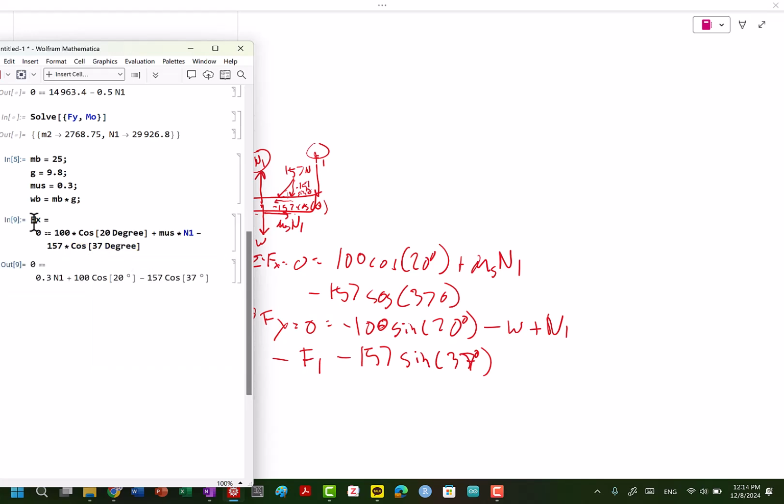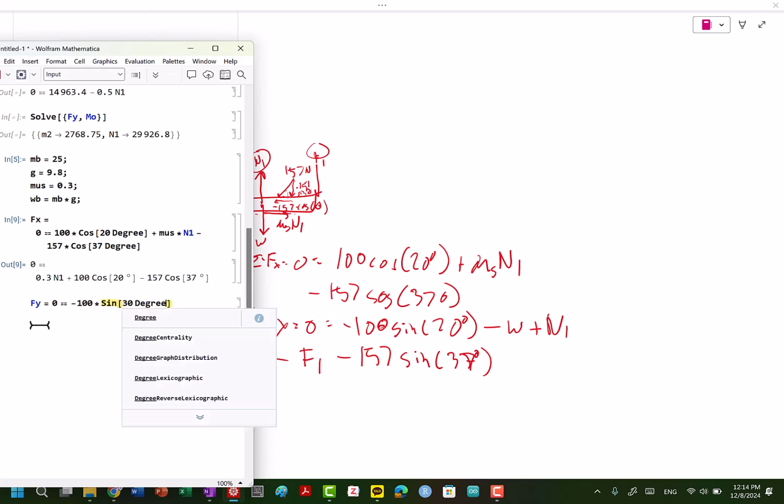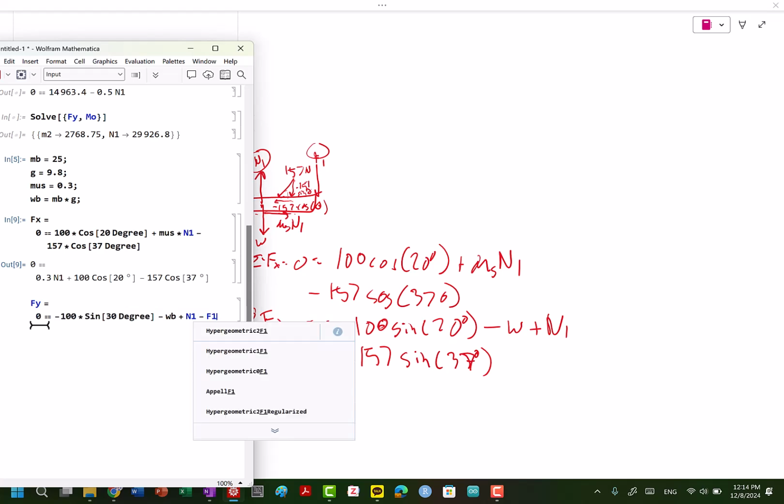So we've got that there. Then we've got f of y is equal to 0, which is set equal to minus 100 times sine of 20 degrees minus weight of the beam plus n1 minus f1 plus or minus 157 times sine of 37 degrees.